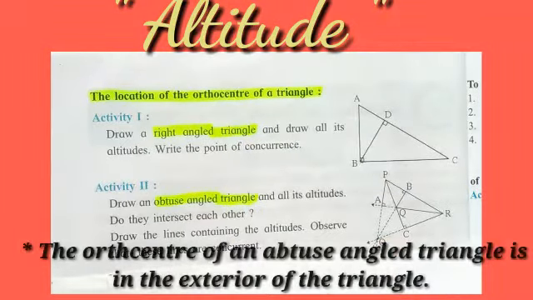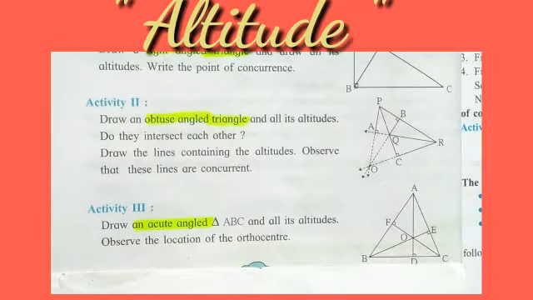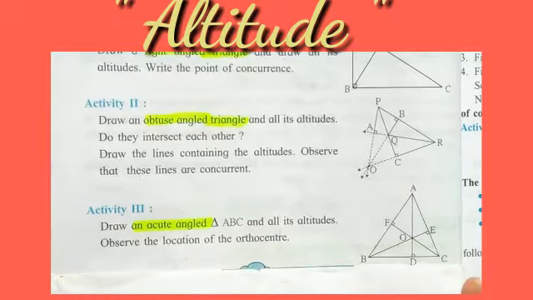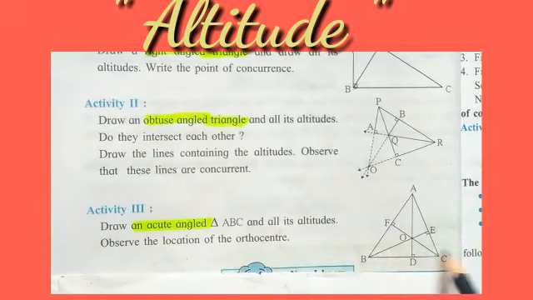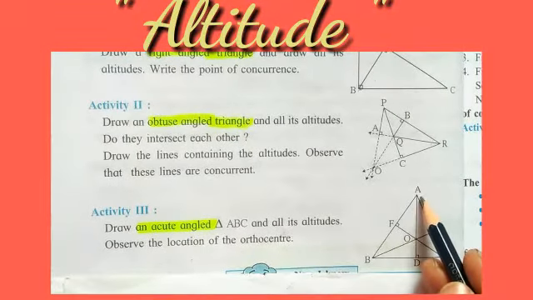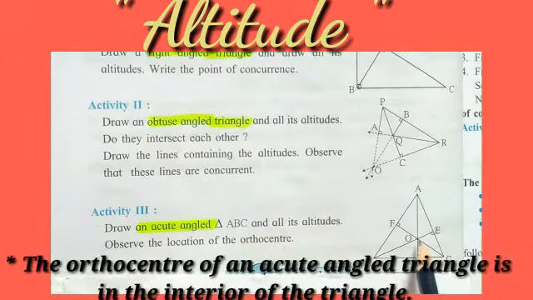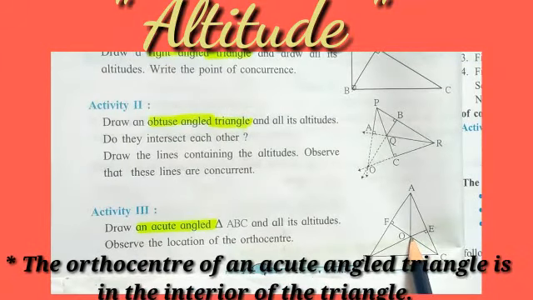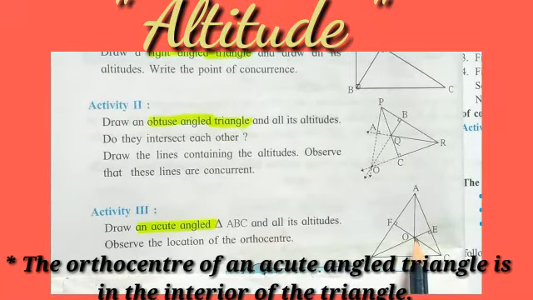Got it? Now our third type of triangle is the acute angle triangle. If we draw the altitudes from the three vertices, then we get the orthocenter inside, at the center of the triangle. It means that the orthocenter of the acute angle triangle is in the interior of the triangle.